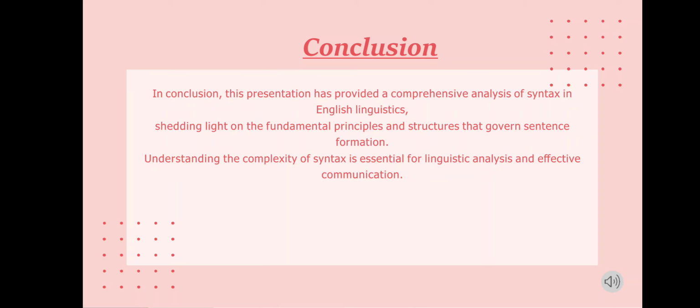Through understanding syntactic rules and phrase structure, we gain insight into how language is structured and how meaning is conveyed, to avoid any ambiguity and misunderstanding. This reminds us of the complexity and richness of language as we continue to unravel its mystery. Let us appreciate the beauty of language in all its forms.